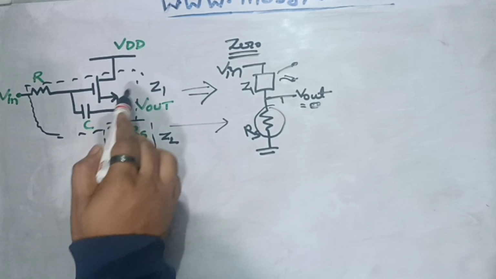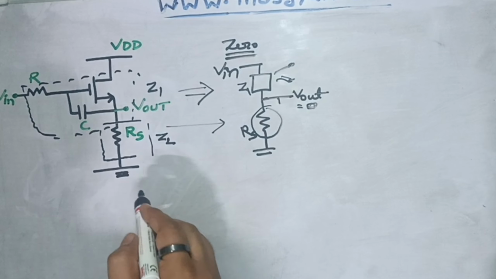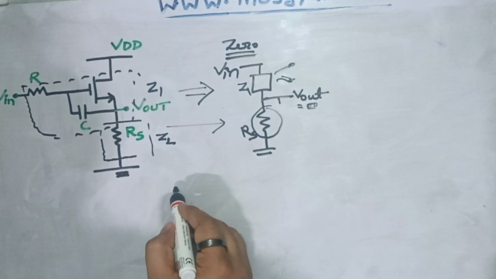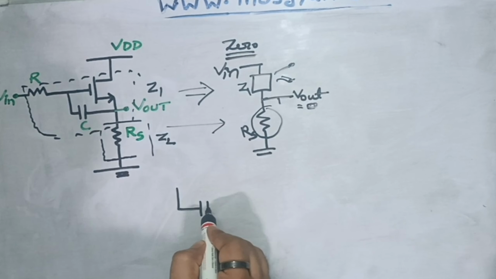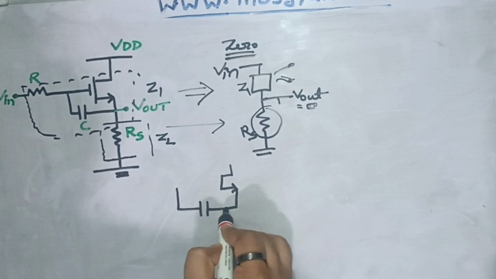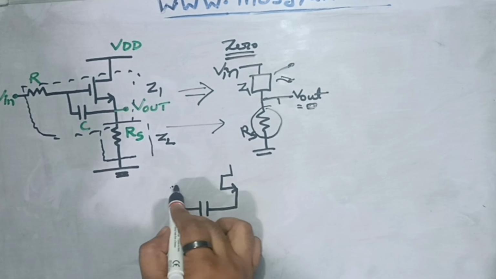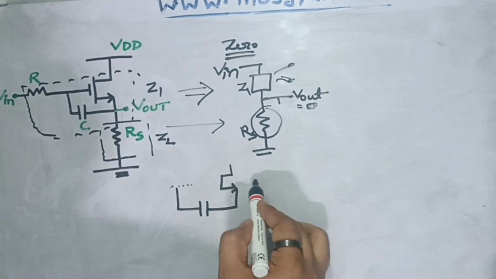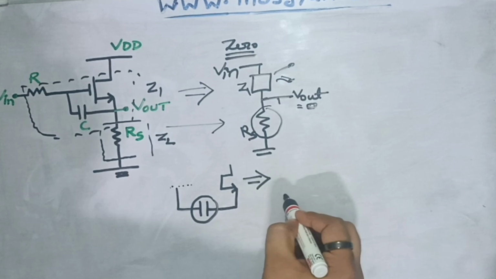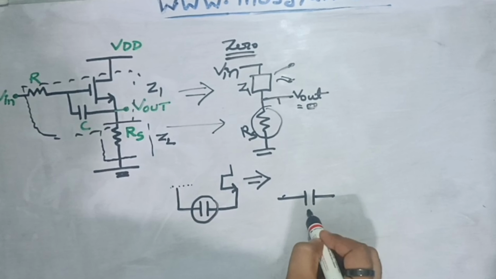So Z1, as I mentioned, will be having this component. If I redraw it further, if I simplify this further, Z1 will have one component of a capacitor along with this MOSFET, which is having a frequency component, right? This R will become negligible because it is not having any frequency component. And if I further simplify it, this capacitor will become 1 upon sC in the frequency domain.